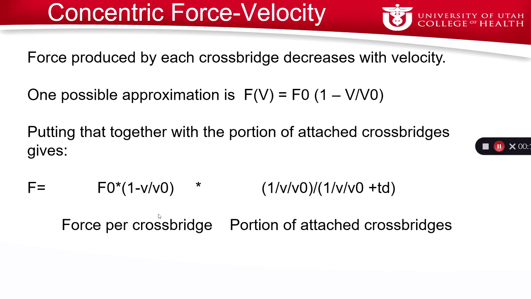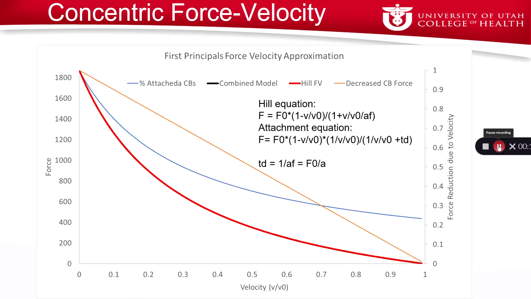So the force per cross bridge multiplied by the portion of attached cross bridges. And when you do that, again, if you select an appropriate value for the detachment time, which can be related to the Hill coefficients here, then you actually get exactly the Hill equation.